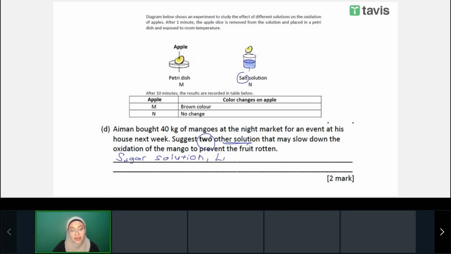We have a lime solution. Then you will get 2 marks for the correct answer. You can also use the sodium bicarbonate solution, or any solution that contains antioxidants.